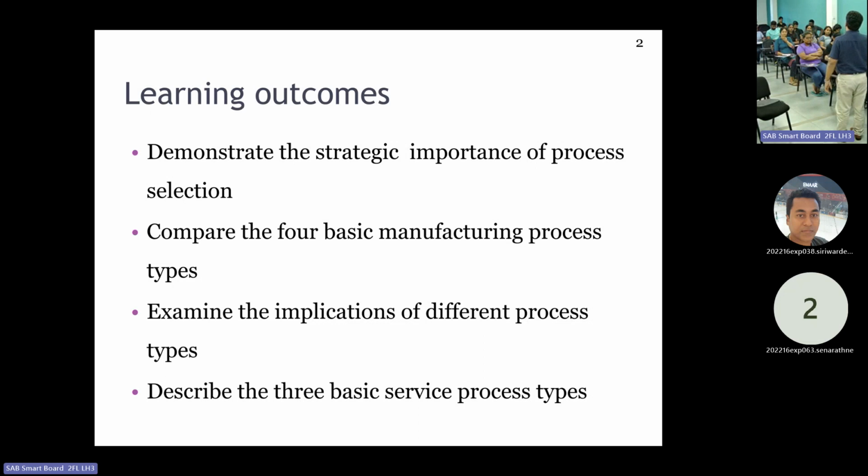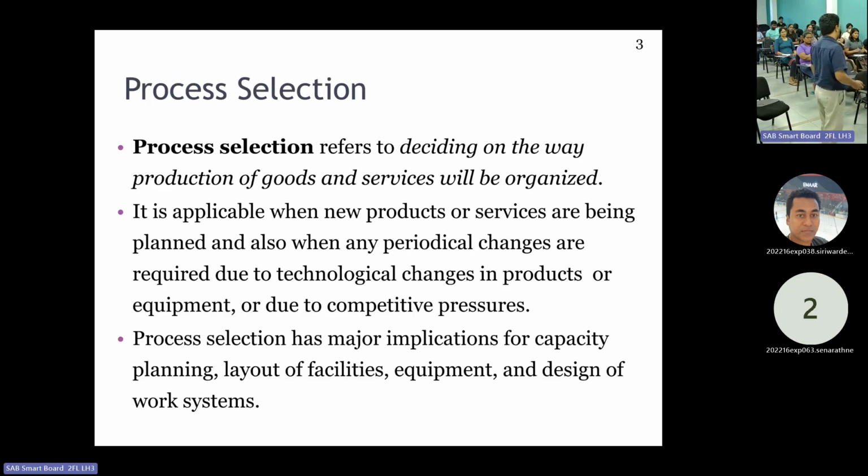That is what we are going to do. This process selection decision may affect other operations management decisions also, so understanding this in a clear and accurate manner is important. That is what we are going to do in the first part.